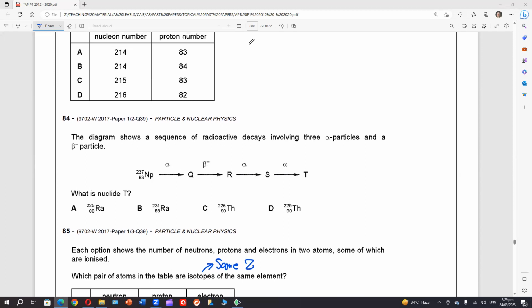The diagram shows a sequence of radioactive decays involving three alpha particles and a beta particle. What is nuclide T?